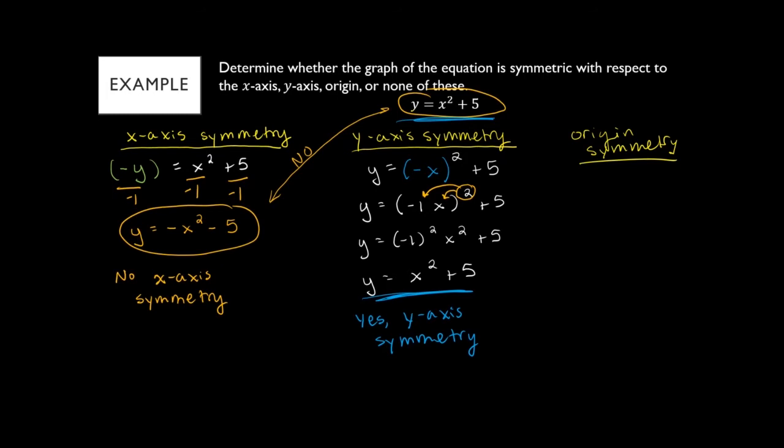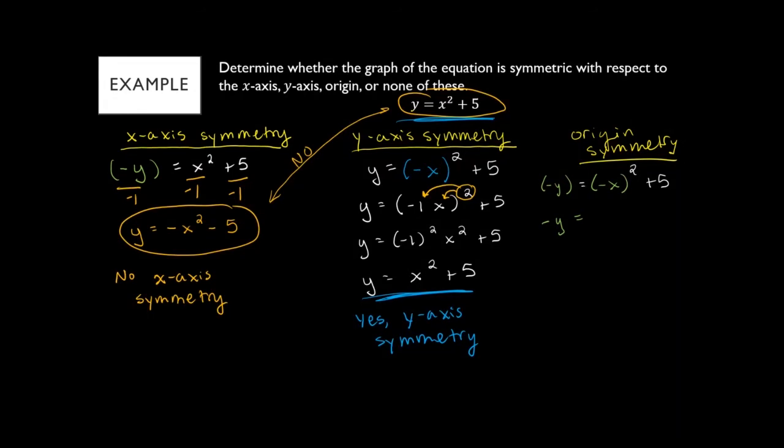So to test the origin, you plug in both negative y and negative x. So we're doing both of these at the same time. We know negative y just stays as negative y.